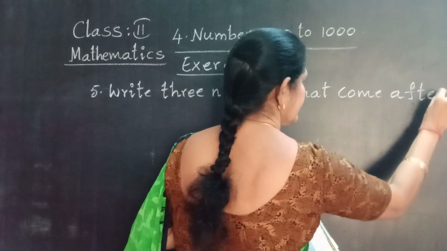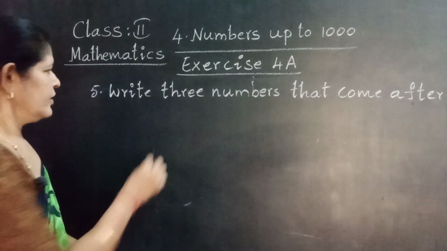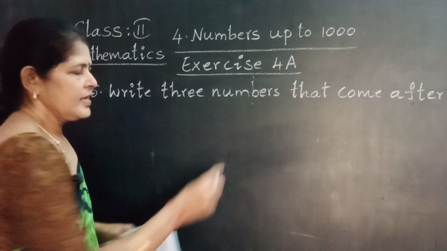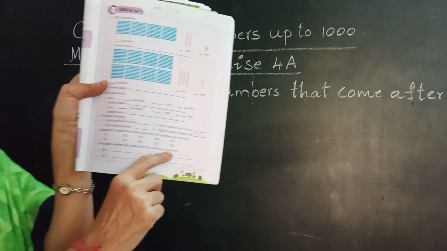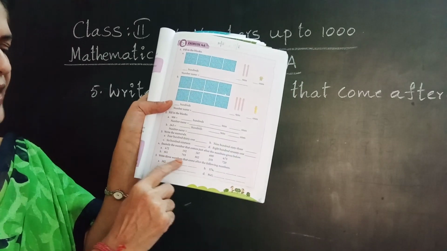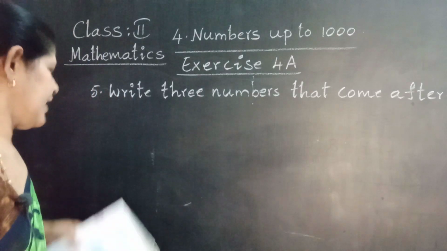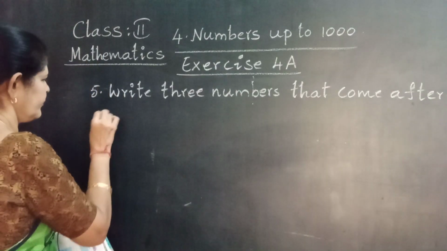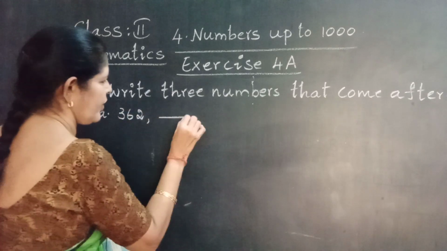That means the 3 after numbers of the given number. Write 3 numbers that come after the following numbers. We are going to do it in the textbook. Underline 3 numbers after. First number is, yes, this is the given number.